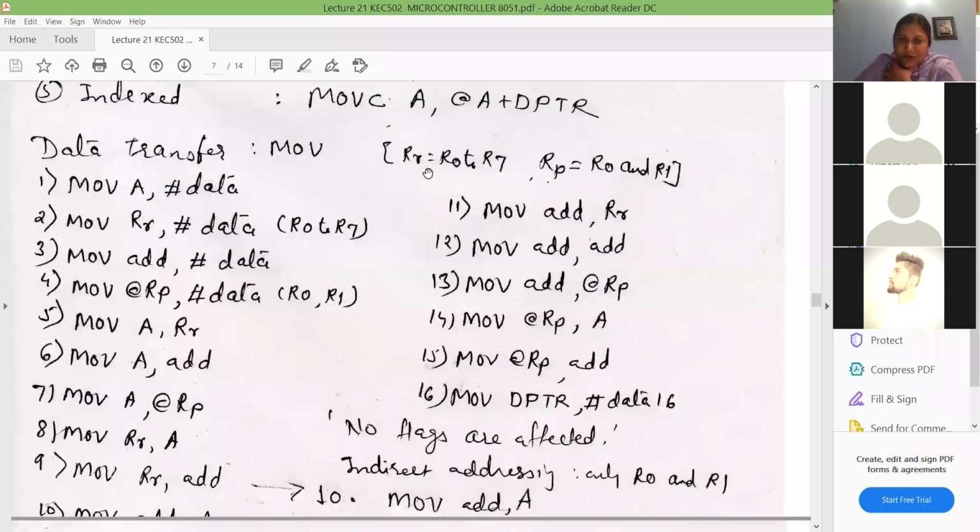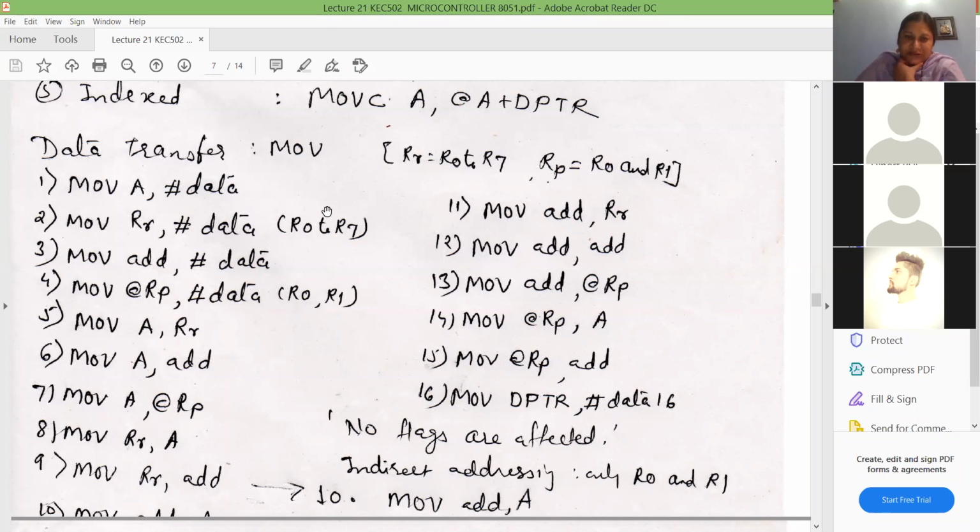But how do you differentiate between immediate data move and non-immediate data move? It is based on the hash sign. In 8085 you do not write the hash sign because you are writing MVI, but here because you are writing MOV you are using the hash sign. So hash means it is immediate data.